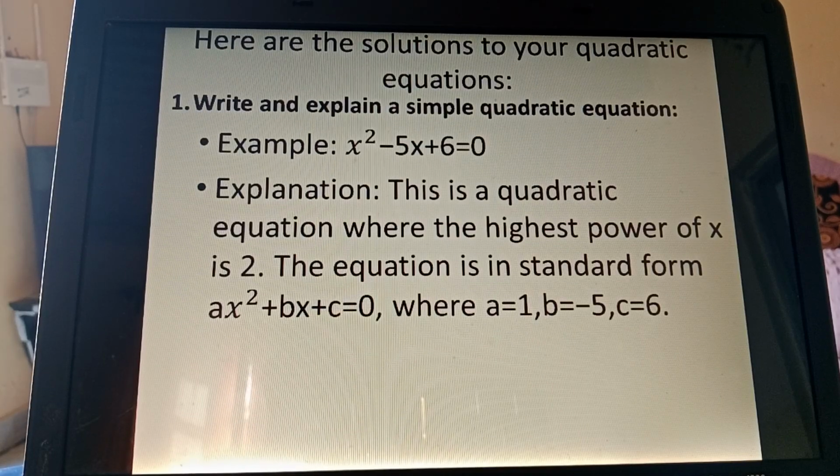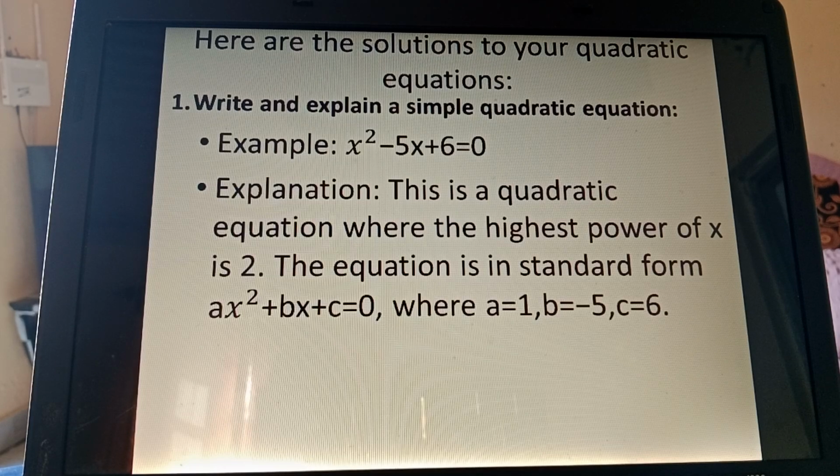I would like to finish this video by giving the answers to the guided questions. So, here are the solutions to your quadratic equations. Write and explain a simple quadratic equation.